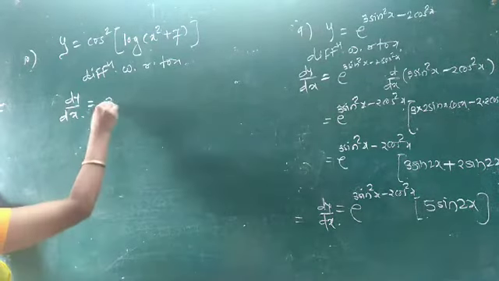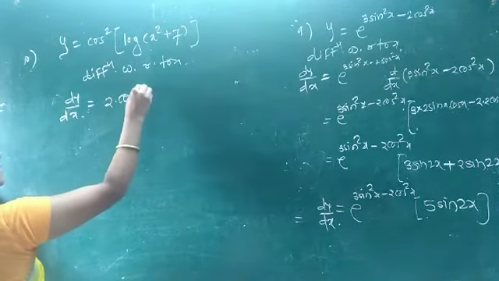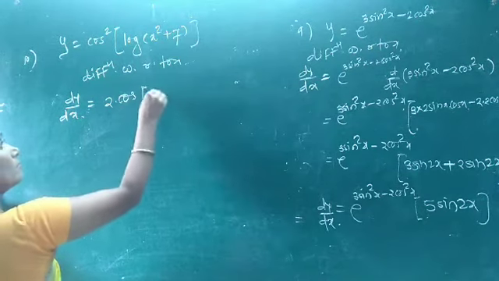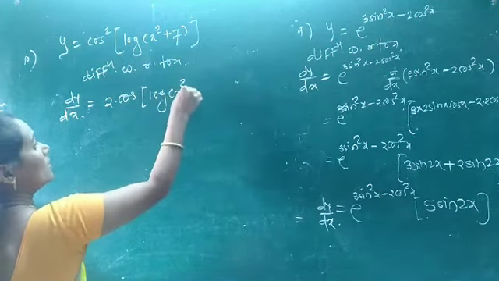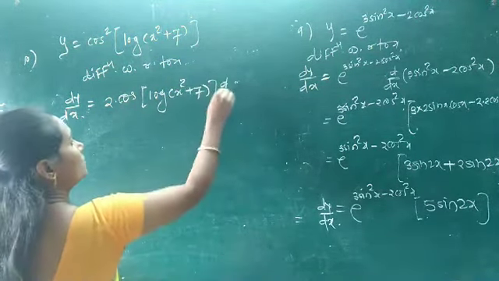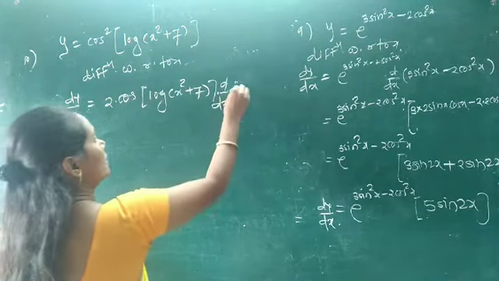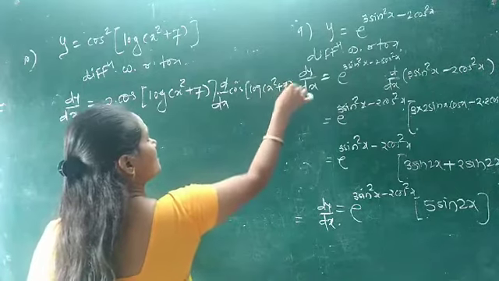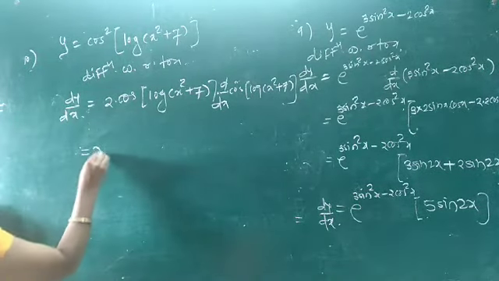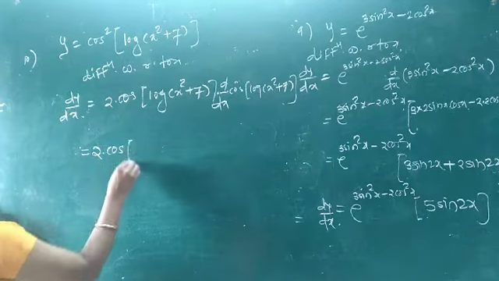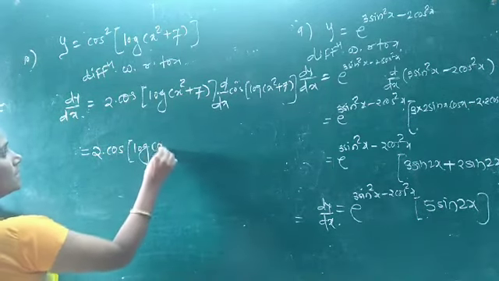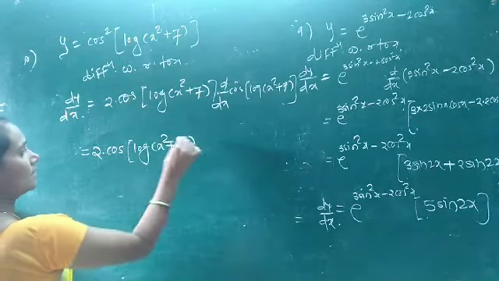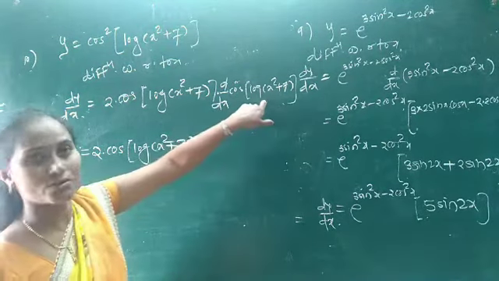So, the derivative is 2 into cos of log of x square plus 7 into the derivative of cos of log of x square plus 7. Now this 2 into cos of log of x square plus 7 as it is into the derivative of cos of this function.